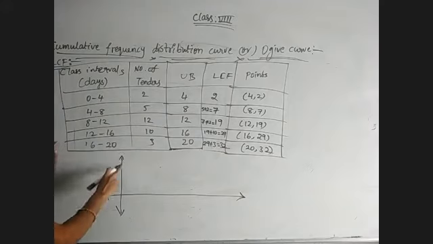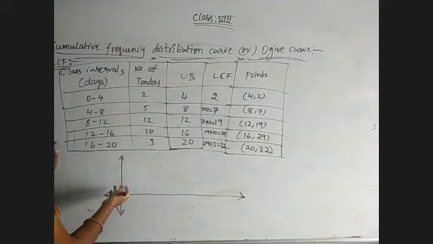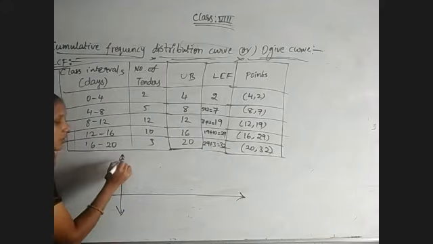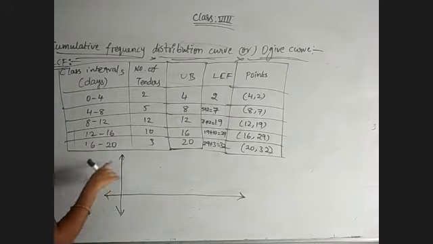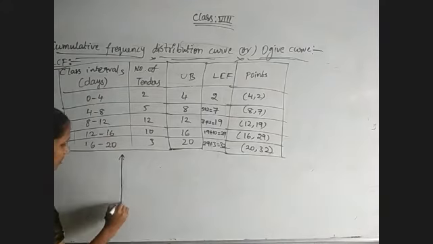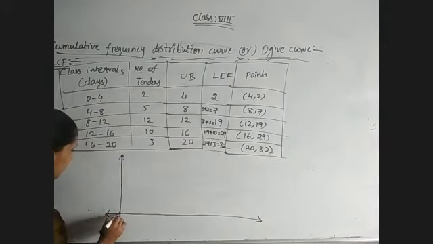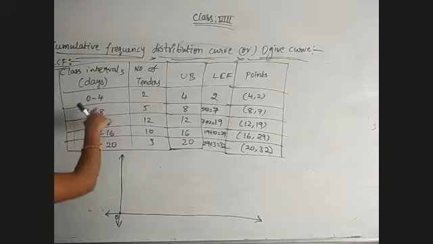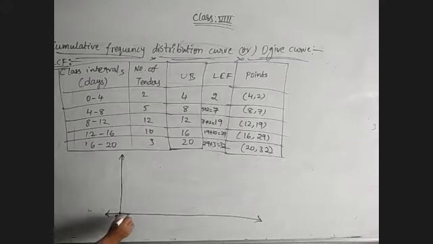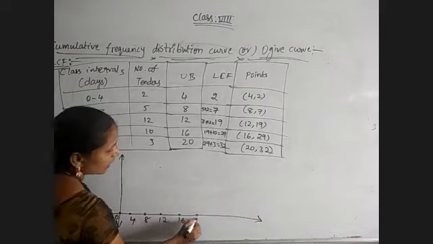Here the highest value is 12 only. If you take 1 centimeter for 1 tender, no problem. But here space is not sufficient for me, so I am taking 2 tenders for each value. And we have to take class boundaries on the x-axis: 0, 4, 8, 12, 16, 20, enough.